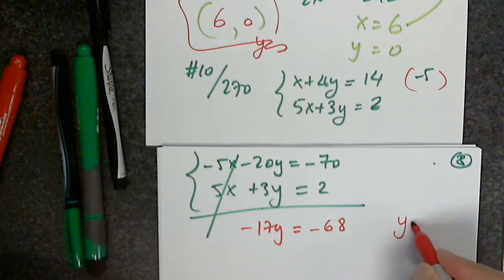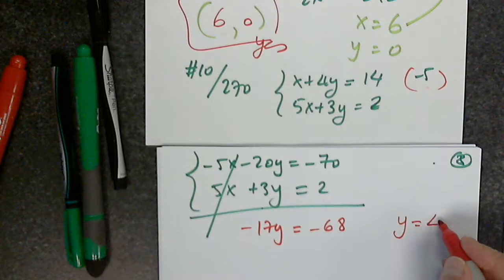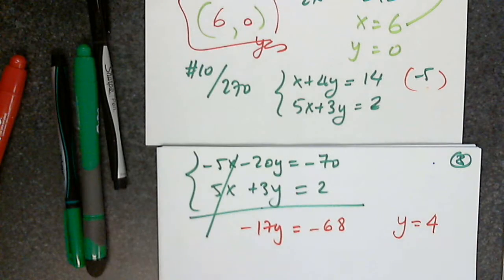I will divide both sides by negative 17, and what do I get? Very good. Excellent. Am I done? No. Do I know that the system is consistent? Yes. If I found y, I would find x.